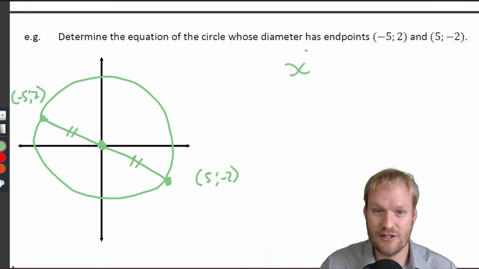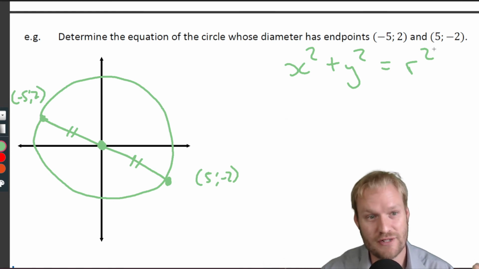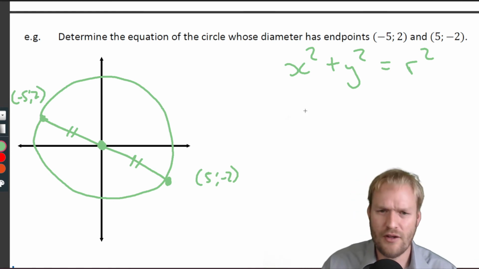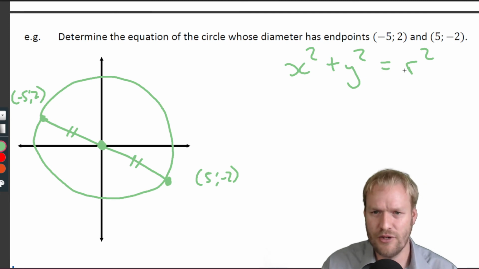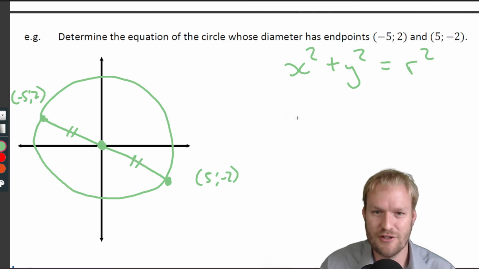So we know that x squared plus y squared equals r squared is the general equation for any circle centered at the origin. Well, we need to work out what the radius is. Now, I think the easiest way here is probably just substitute this point in. So either one, I'm going to pick this one on the right, just as it's a bit closer.